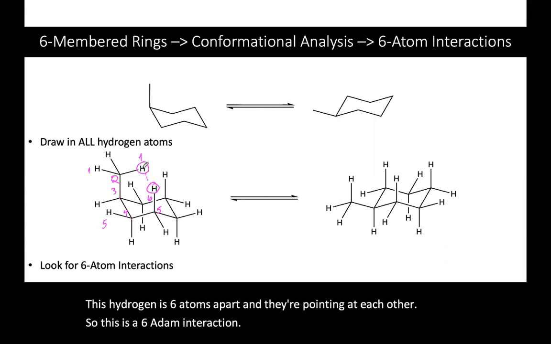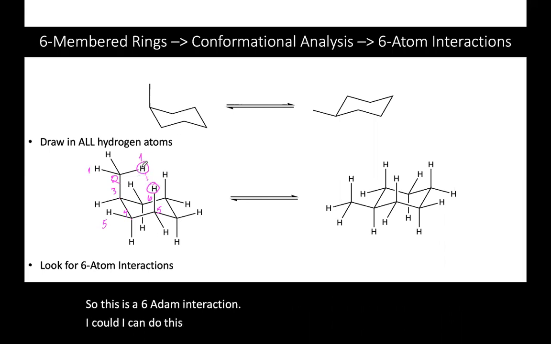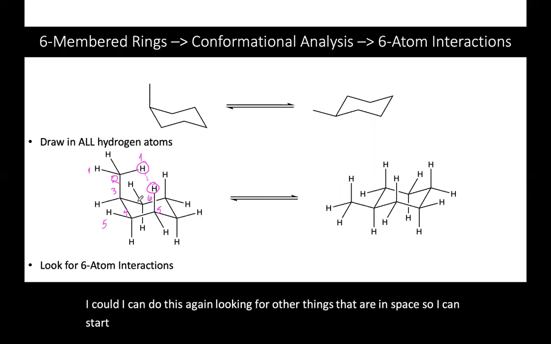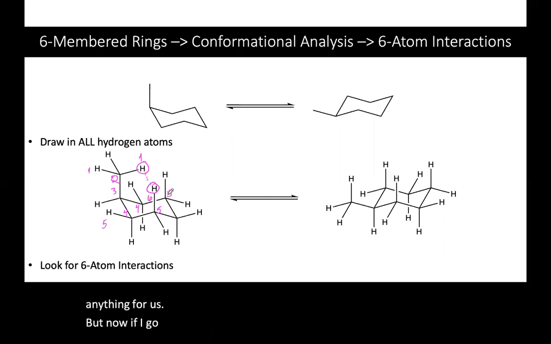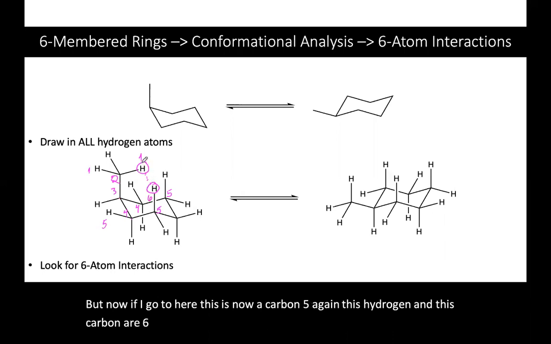I can do this again, looking for other things that are in space. So I can start 1, 2, 3. Now we'll call this back carbon here 4. That's 5. That doesn't do anything for us. But now if I go to here, this is now a carbon 5. Again, this hydrogen and this carbon are 6 atoms away from our hydrogen of interest, but they're pointing away.